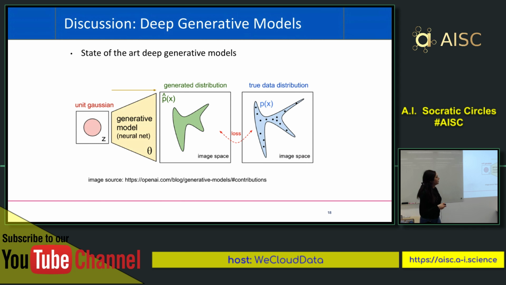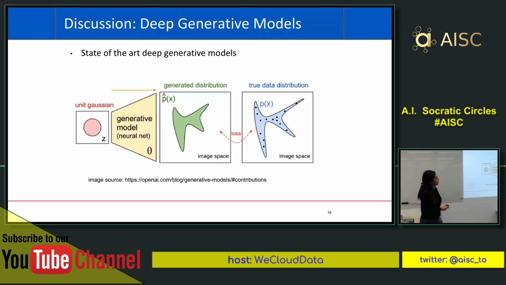I'm done. At the beginning, you will see that this generated distribution is very far from the true distribution, and as the training is done, it gets closer and closer to the true distribution.